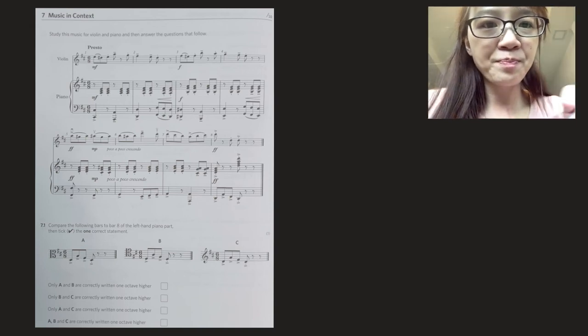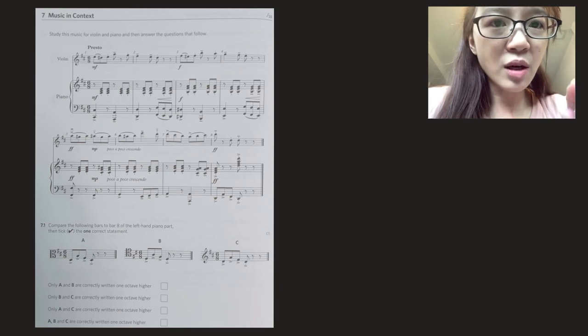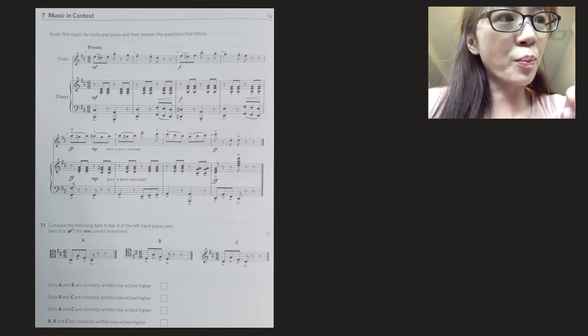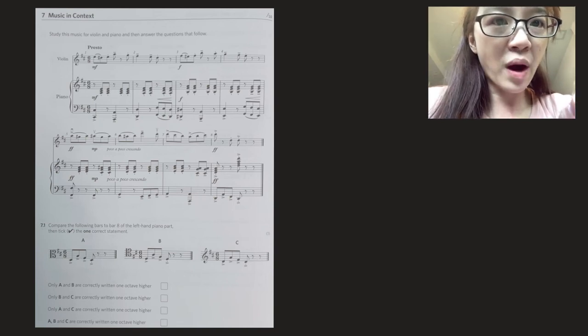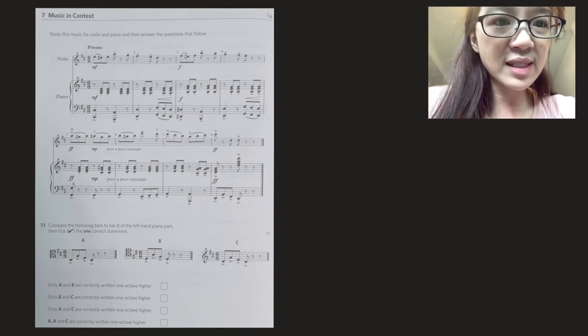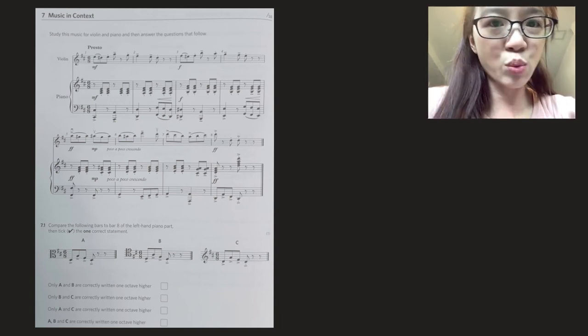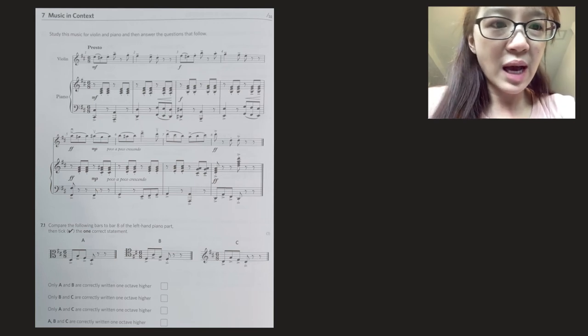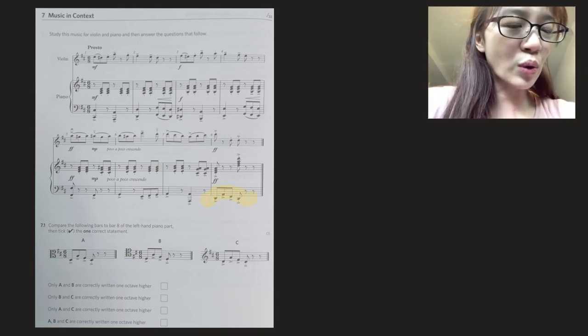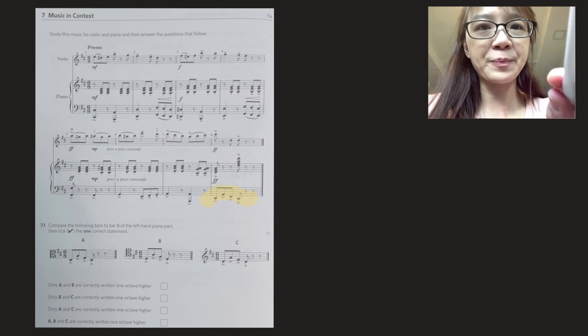The piano part is the one with the bracket like that. So bar 1, 2, 3, 4, 5, 6, 7, 8. Bar 8, the piano part, the left hand, means this one. So usually I highlight it for you so that you understand which bar we are comparing.